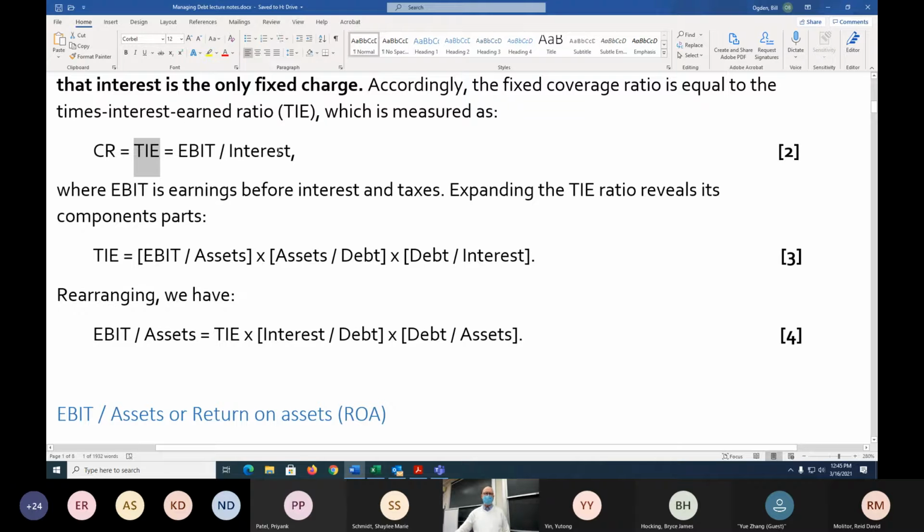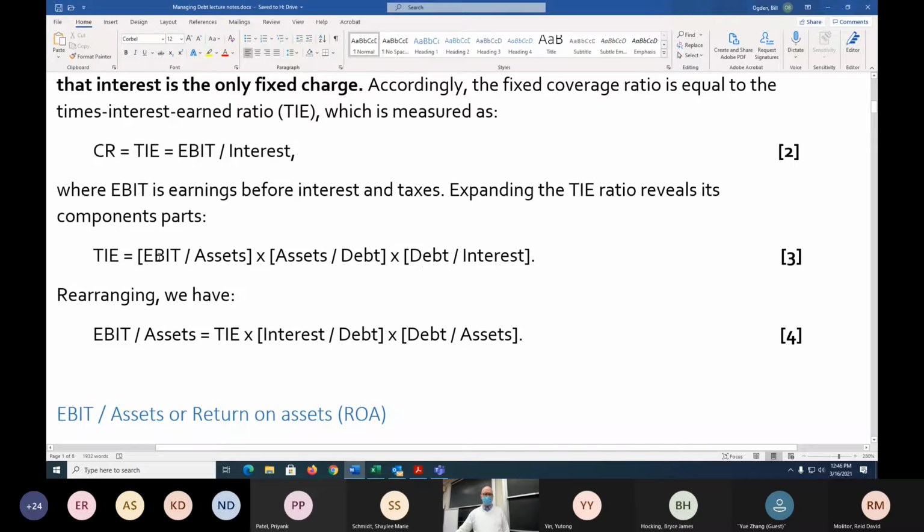It's EBIT over interest, but if you break it up into its component parts, it's actually EBIT over assets times assets to debt times debt divided by interest. So you can see this assets and this assets cancel each other. This debt and this debt will cancel each other, and you'll just get EBIT to interest. So this is just an expansion of the basic coverage ratio equation.